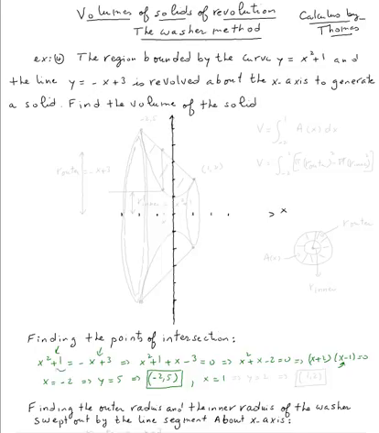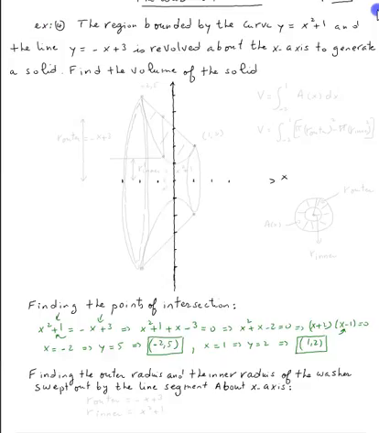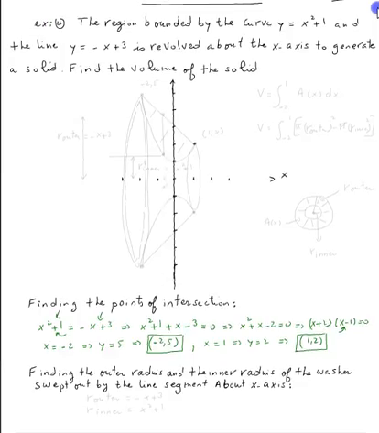Plug it in again: 1 squared plus 1, so y equals 2. So my second point of intersection is 1, 2. So let's plot that. 1, 2 would be right here, and then negative 2, 5 is right here.